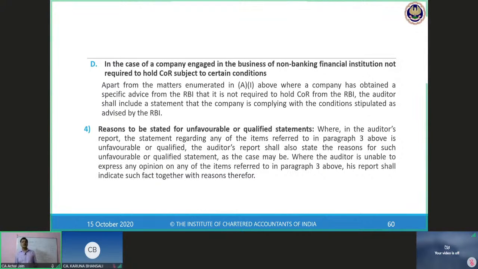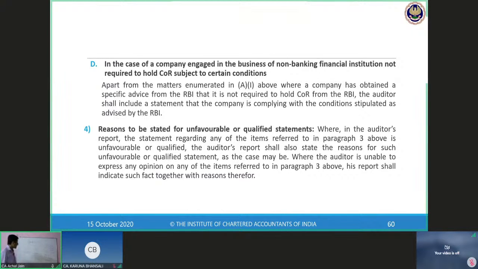It's similar to what we call a qualified report or modified report, which the auditor will give, where in the auditor's report the statement regarding any of the items which are covered in para number 3 above, where in the auditor's report statement regarding any of these points A, B, C or D. So around any of these points, let's suppose the statement of the auditor is unfavorable or qualified.